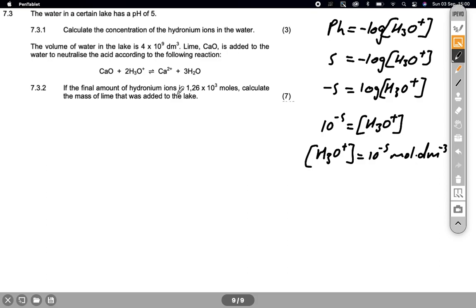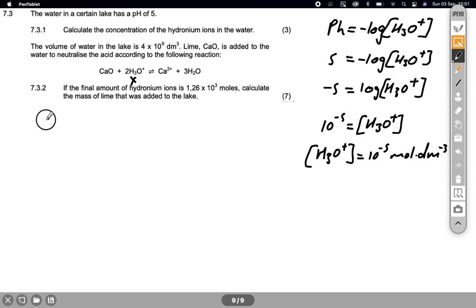Okay, so what we want to calculate now first is the amount of moles that we have. We have the concentration of the hydronium ions, remember, from 7.3.1, and then we have our volume. So we would want to calculate the number of moles present before the reaction has occurred.